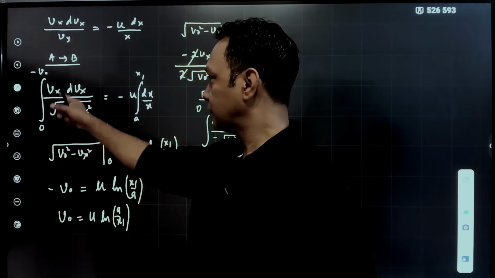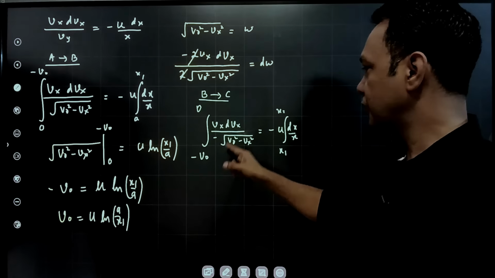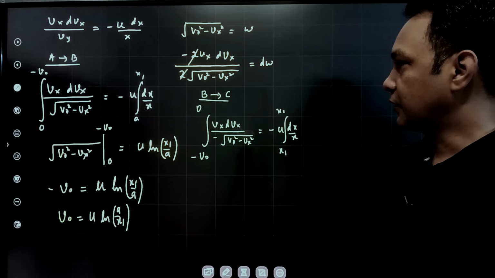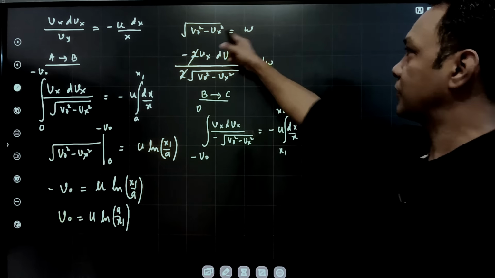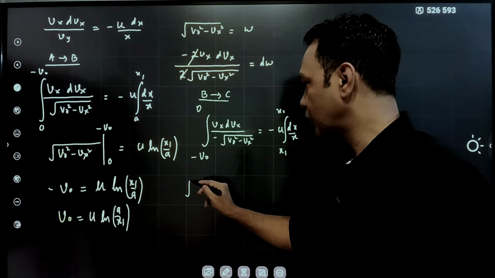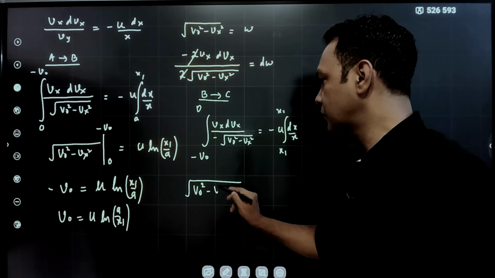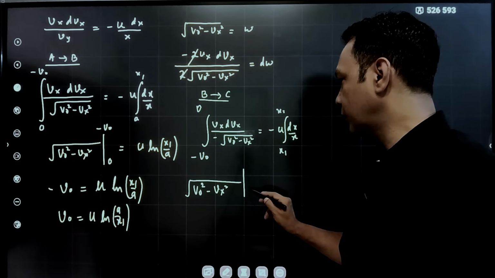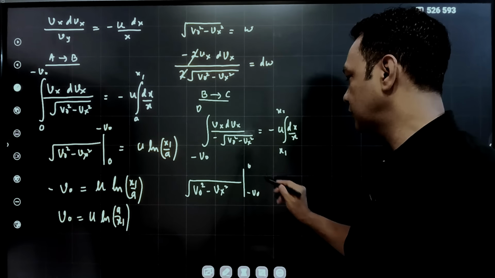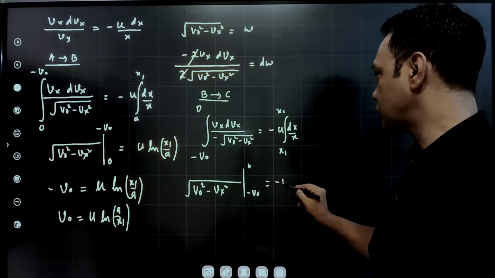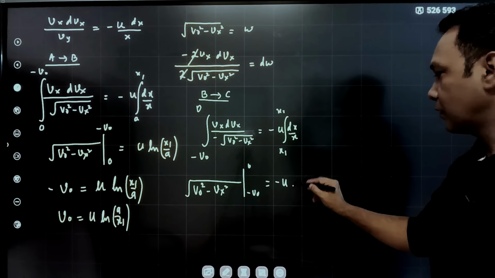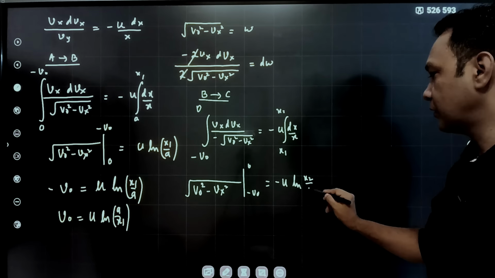This integration was minus W, so this integration would be W, and W means this. So this integration would be square root of V0 square minus Vx square. Put the limit minus V0 to 0, and here that is a minus U ln x2 by x1.